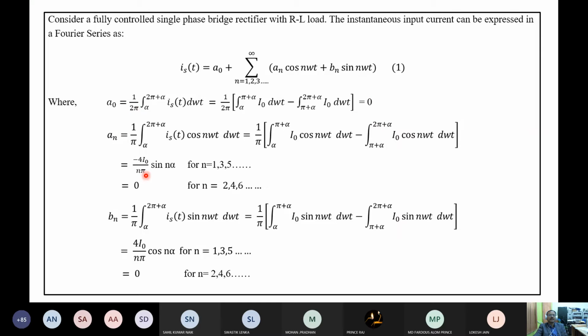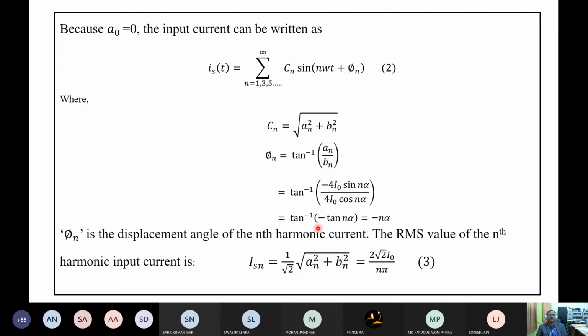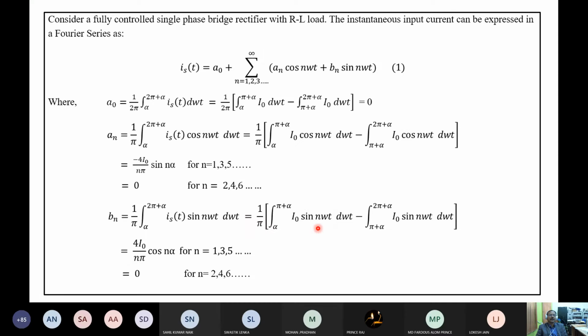An is minus 4 I naught by n pi sin n alpha. And bn is 4 I naught by n pi cos n alpha. Standard equation for Fourier series. You get A naught, an, bn.